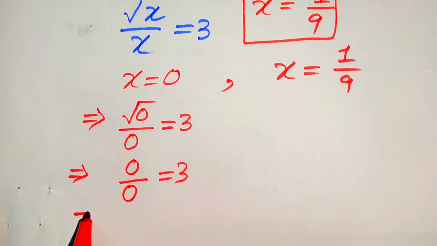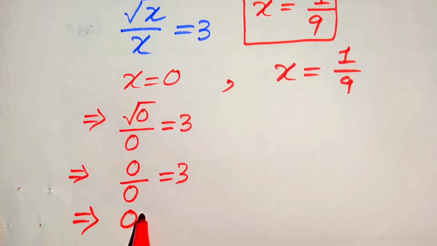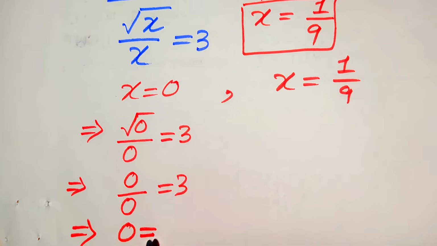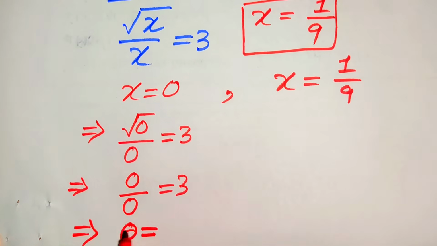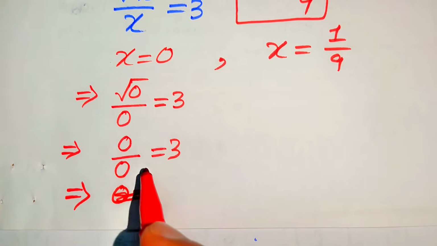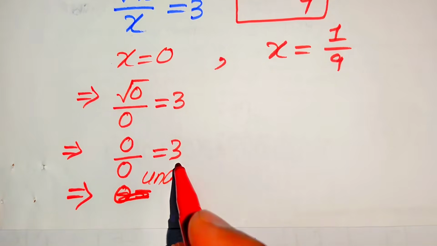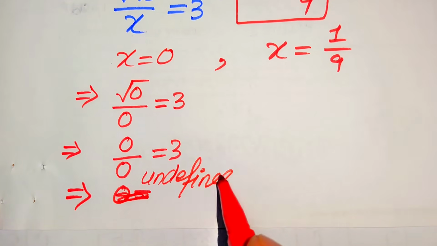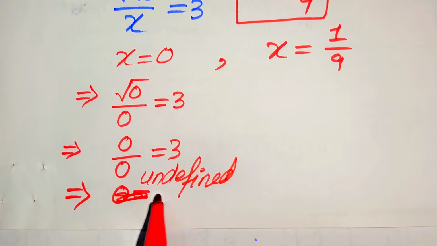When we move the 0 to the right hand side, we get 0 equals this, which becomes 0. So this becomes an indeterminate form, which means that the value of x does not satisfy this equation. Finally, we just write this form as undefined or indeterminate form.